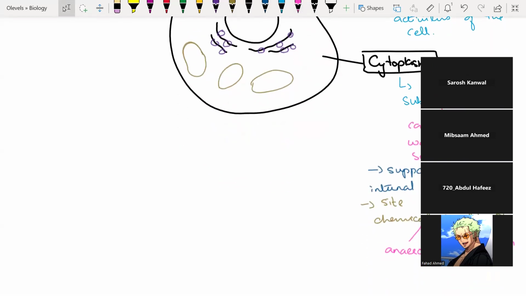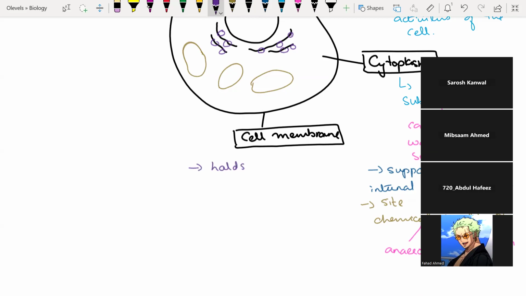Then we have to move towards the cell membrane that is over here. Now we have to see what's the function of a cell membrane. First is that it holds the cell together, right?